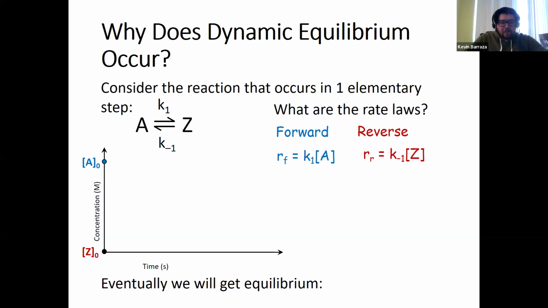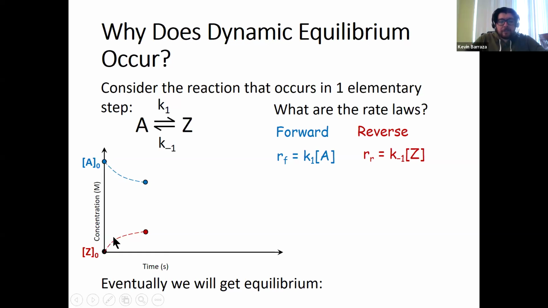Yeah. So it should make sense that over time, the concentration of A will decrease, but it's not going to be decreasing linearly. And we saw that in our lecture two lectures ago. It's going to decrease with an exponential decay.